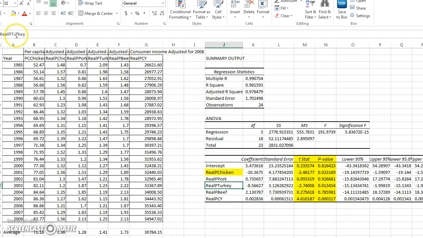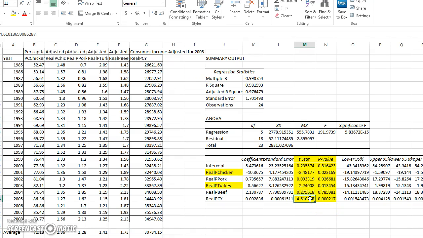So this real price of turkey has a significant impact on the real per capita demand of chicken in this case. And let's check the real price of beef. We have a very small t and a big p-value, so this variable is not significant.